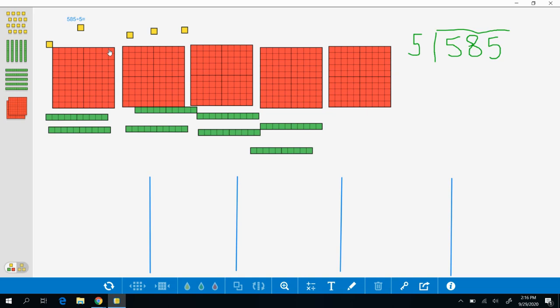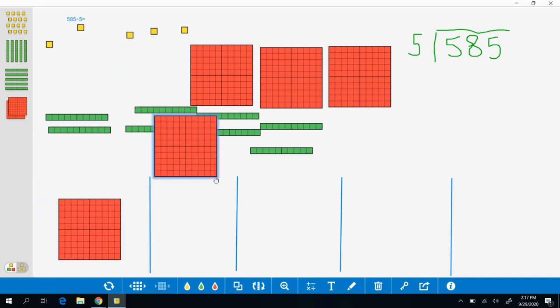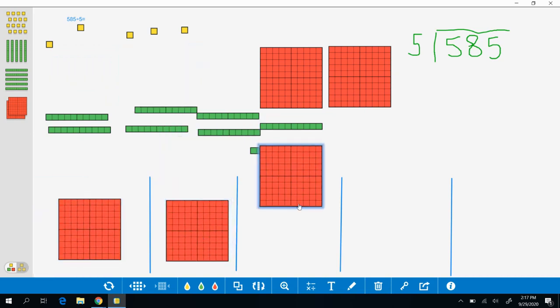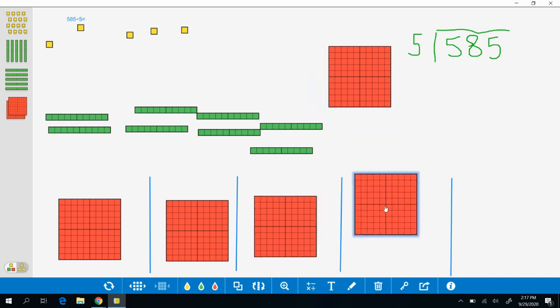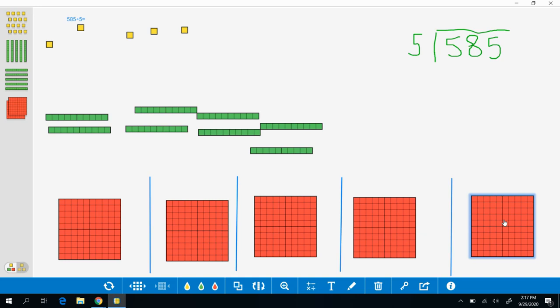So we're going to start with our hundreds. We have 5 groups. We're going to see if we can spread these hundreds out evenly among our groups. So I'm going to go ahead and try that. And were we able to do that? Yes.